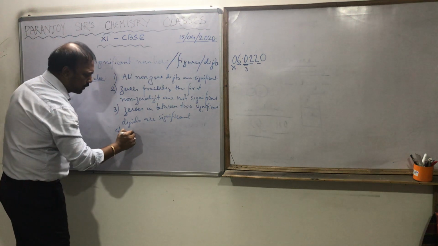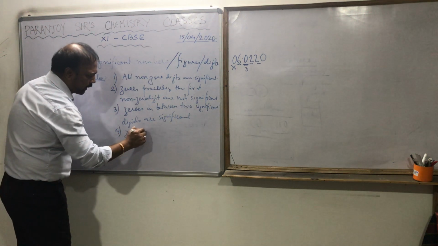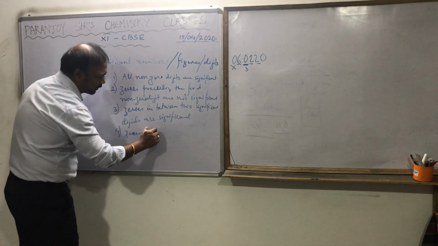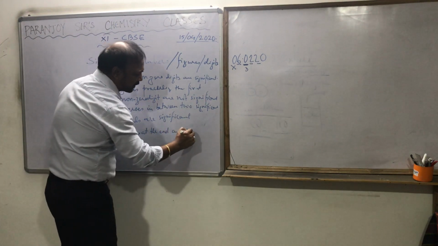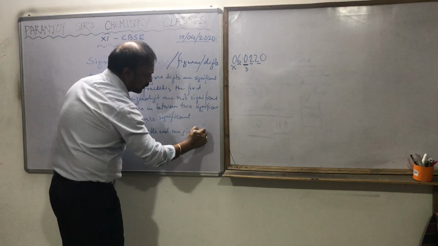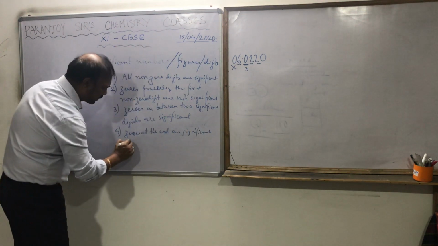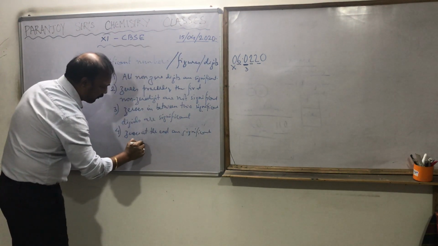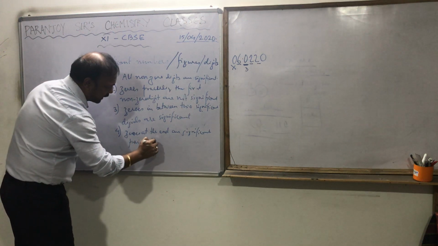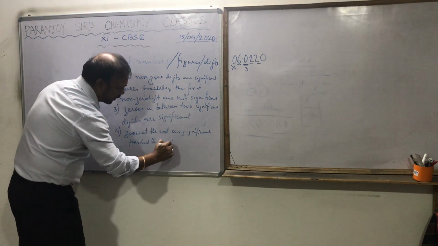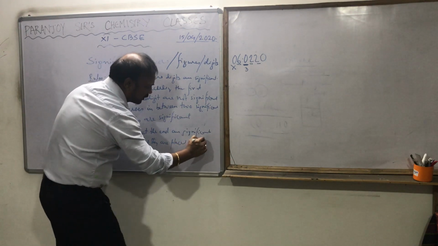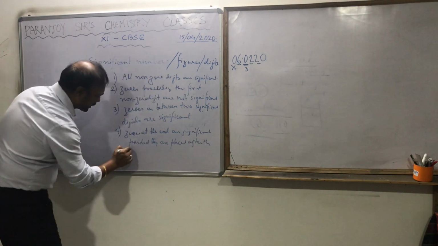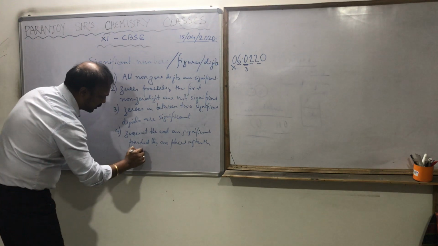Next, rule 4: zeros at the end are significant provided they are placed after the decimal point.